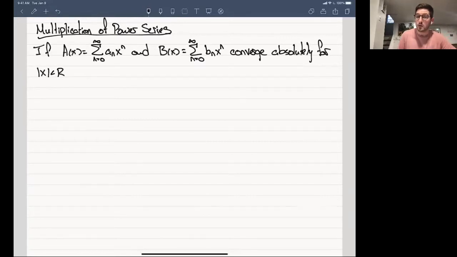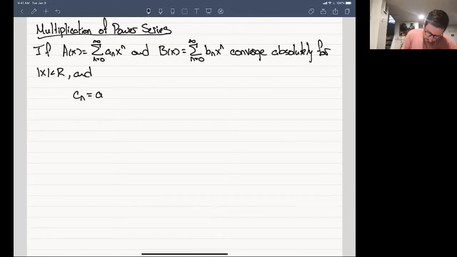Based on the results that we saw at the end of the last lecture, we know that these things converge on intervals if they converge anywhere at all. So we're going to assume that there's some common interval where they both converge. And let's define c_n equal to a_0 b_n plus a_1 b_(n-1) plus a_2 b_(n-2), all the way up until we get to a_(n-1) b_1 plus a_n b_0.